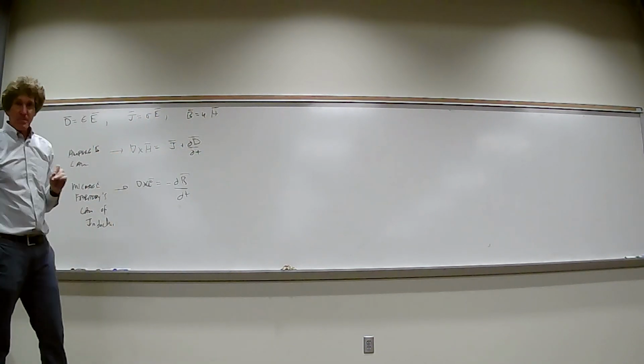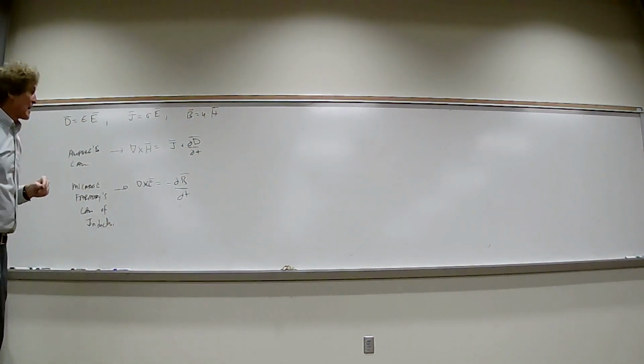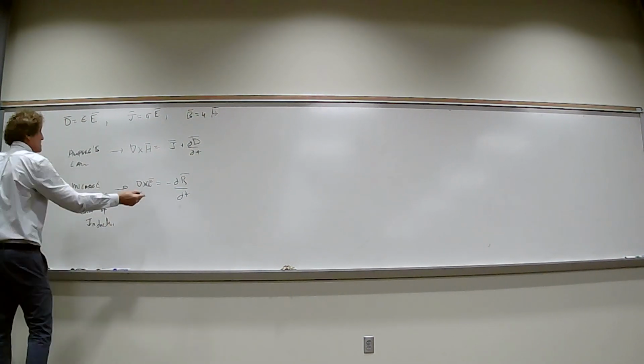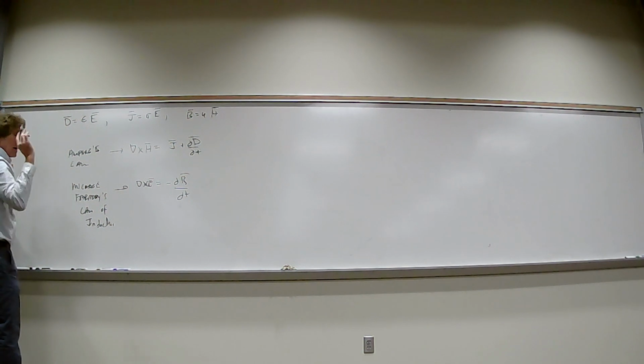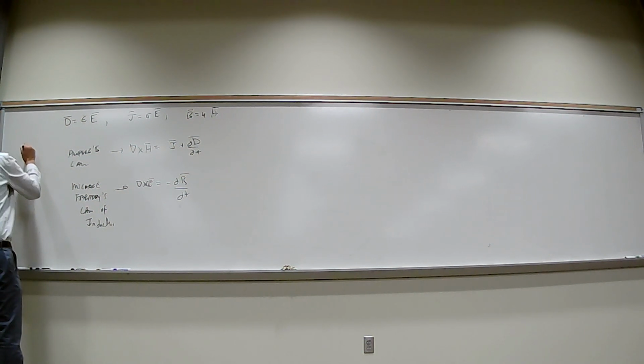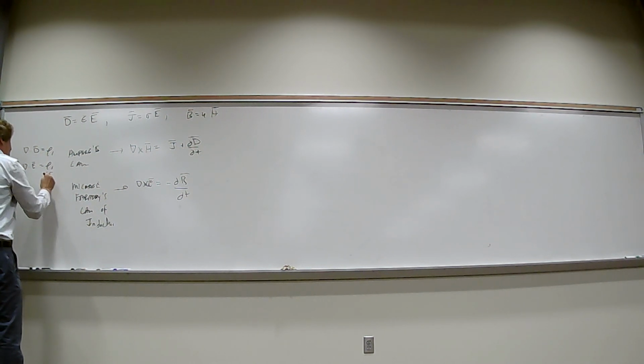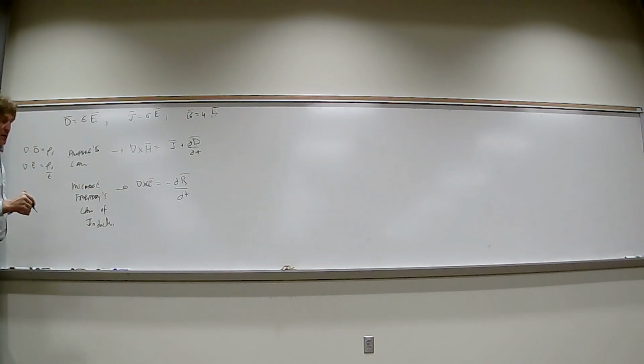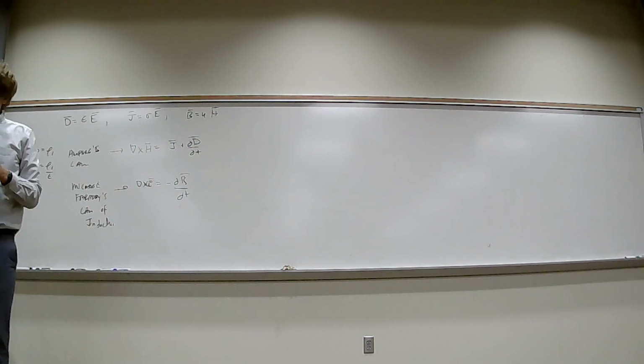You all follow me, class? I'm trying to just show you this. Let me add one more equation you should know. These you should absolutely know by heart. It's divergence of D is equal to rho V, or divergence of E is equal to rho V over epsilon. All right? And I'm trying to be clear about this.